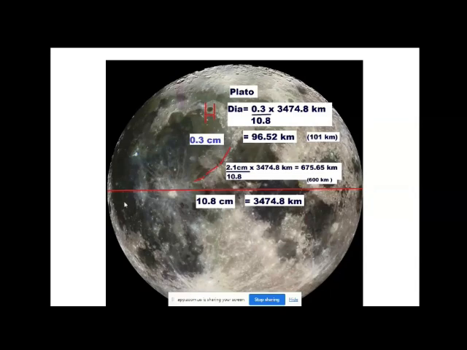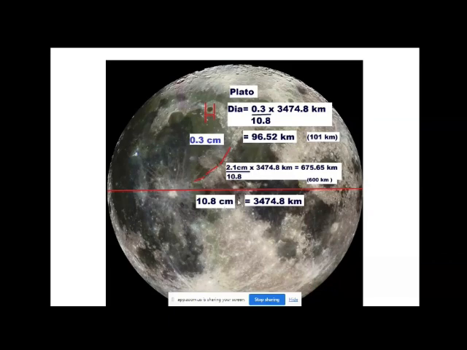I just drew this line and measured it with a scale, putting the ruler on the laptop screen, but you may get a good result if we take a printout of this and measure the diameter with a scale. Here this is 10.8 centimeter. I measured it by putting the ruler on the laptop screen.